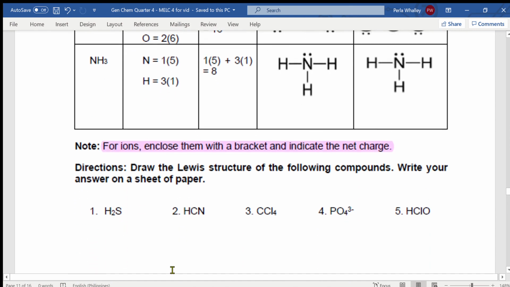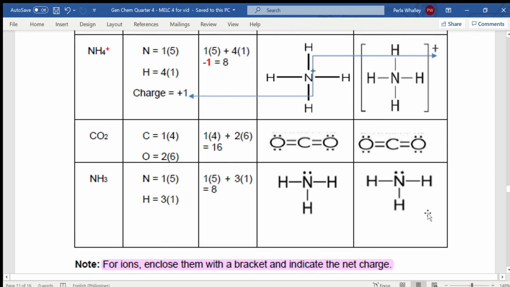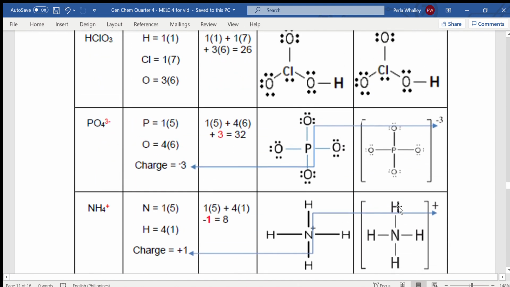Directions. This is your task number 2. Draw the Lewis structure of the following compounds. Write your answer on your answer sheet. We have only 5. Do not make a lot of tables anymore. It was only used to explain. Just use this last table, okay?